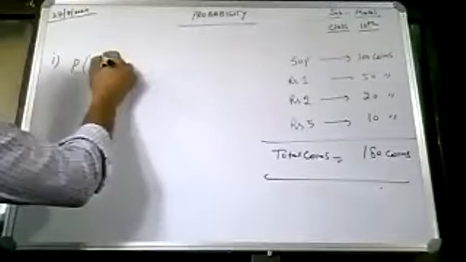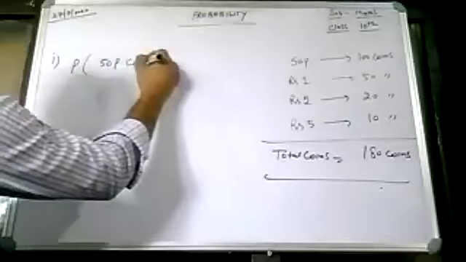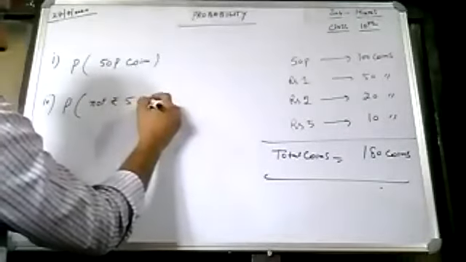If it is equally likely that one of the coins will fall out when the bank is turned upside down, what is the probability that the coin will be a 50 paisa coin? Probability of 50 paisa coin. Next, will not be a rupees 5 coin. Not rupees 5 coin.